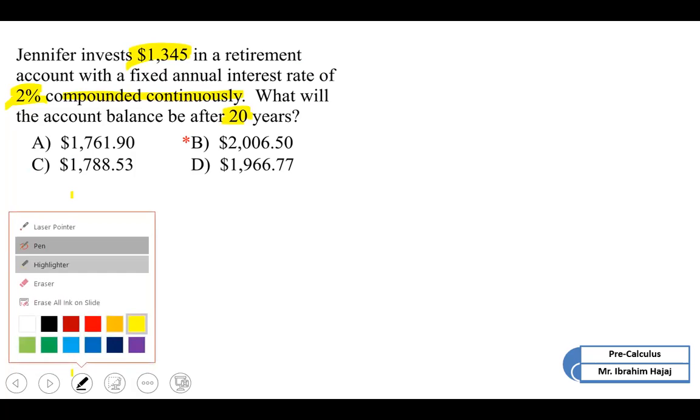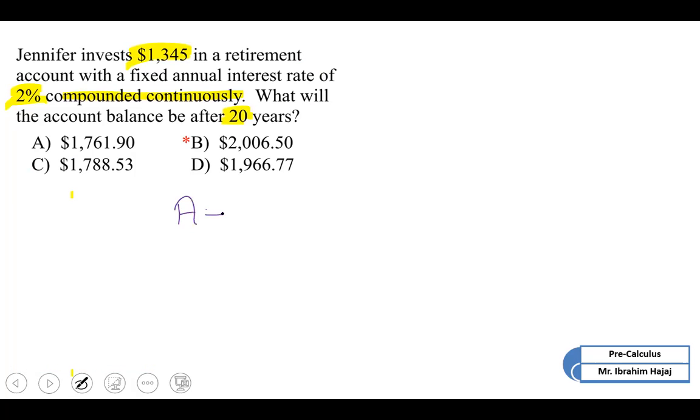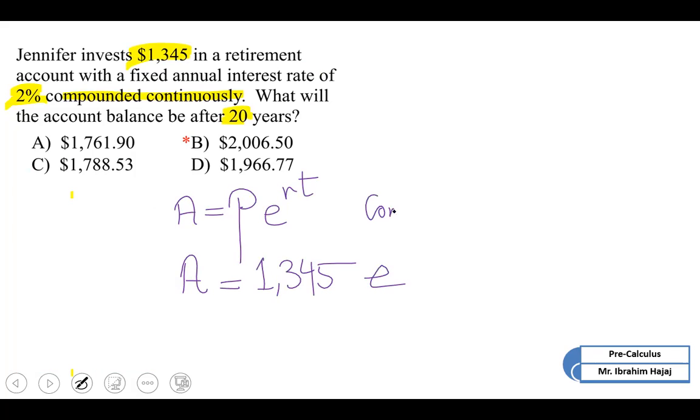So as you know, we have this formula: A, the balance, equals the principal times e to the power of rt. So the balance A is equal to the principal, which is $1,345, multiplied by e to the power of, because it's continuous, r, which is 2%, so 0.02 multiplied by 20 years.